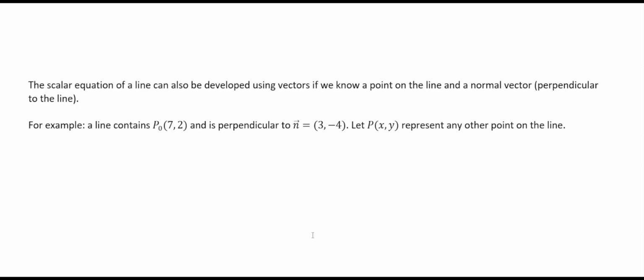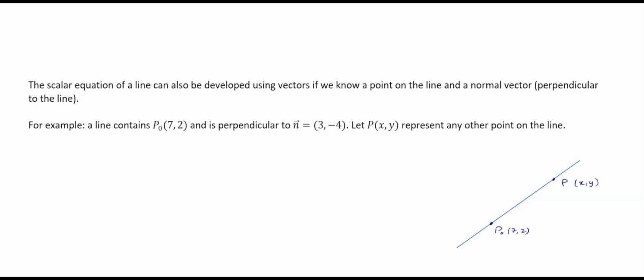So what I'll do right here is I'll actually draw a line for you. So let's put in a line right here, just so you can visualize this. Okay, and as you can see on the line, we've got a given point, and this given point right there is (7, 2), and we have another point on the line that is just basically a generic point (x, y), any other point on the line.